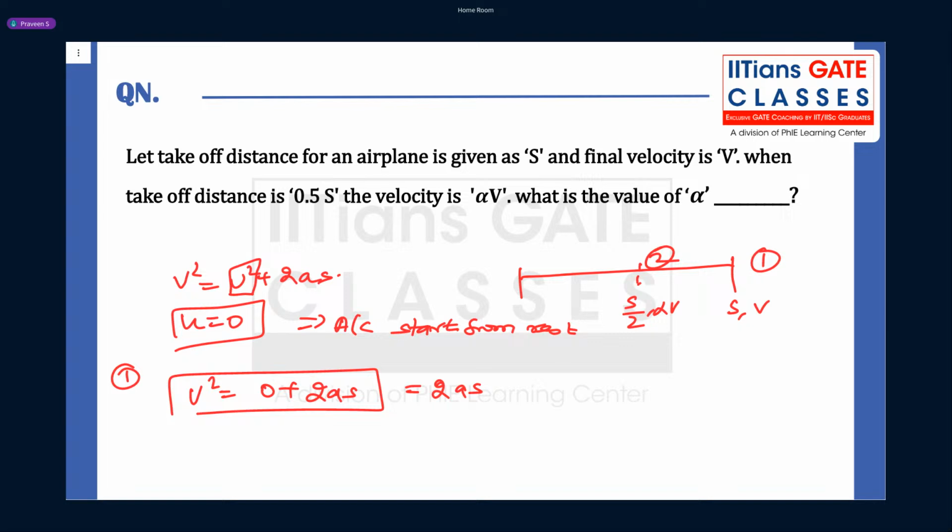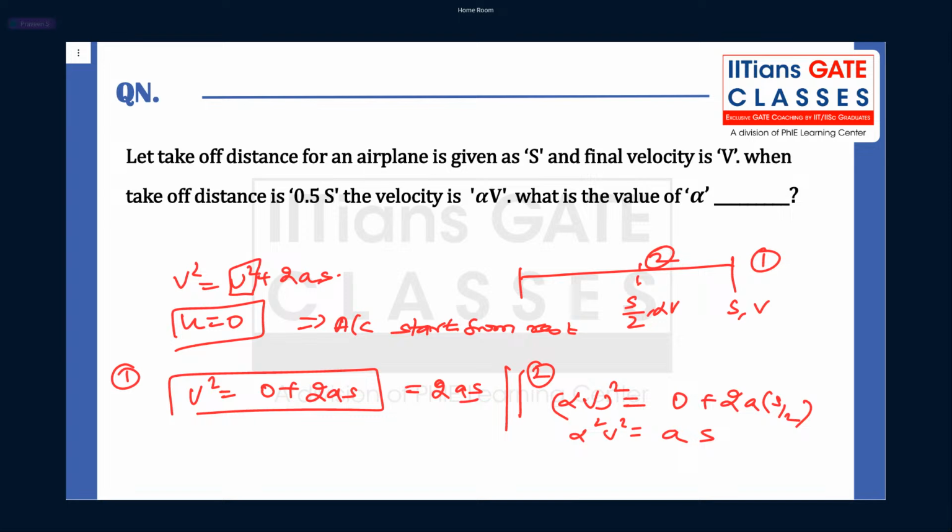Now for condition 2, I have alpha V. So alpha V whole square is equal to 0 plus 2A times S by 2. So I'll have alpha square V square is equal to AS. From this I can write AS as V square by 2.